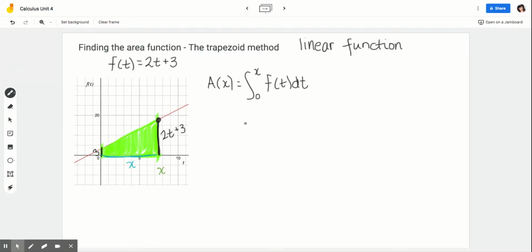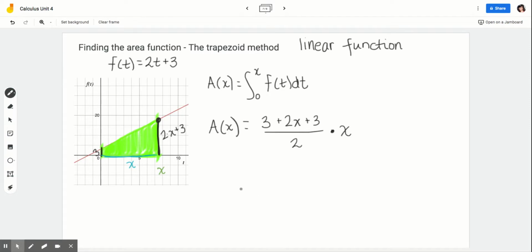All right, so using the area of a trapezoid, I would add 3 plus 2t plus 3 over 2, that's the formula of the trapezoid, and multiply it. Sorry, it shouldn't have been a t, I got distracted. It should have been an x because we're plugging x into the function, so both of these should be x's.